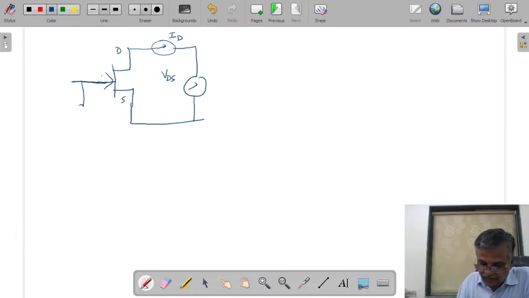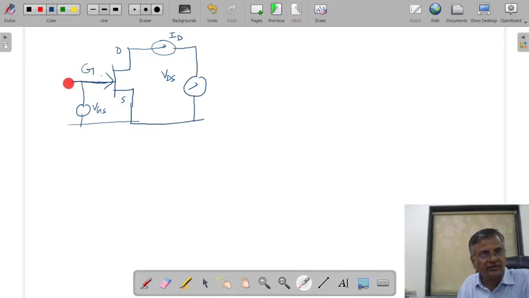Here I want to connect another voltmeter, VGS. You may have the question why you are not connecting the current meter here. We know that the gate is always operated in reverse bias, so no current is flowing in this section, so no need to connect any current meter here.